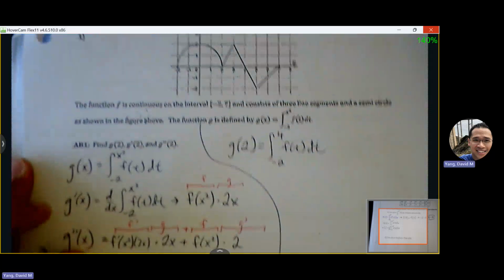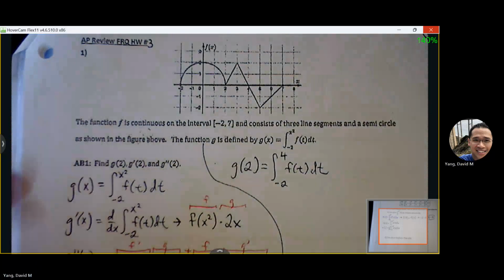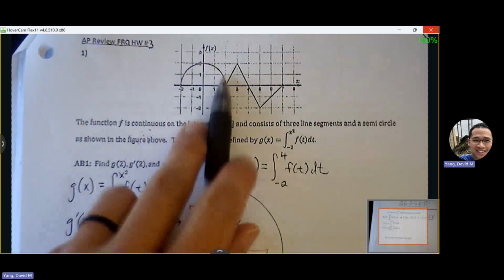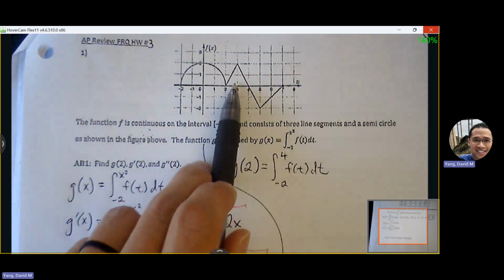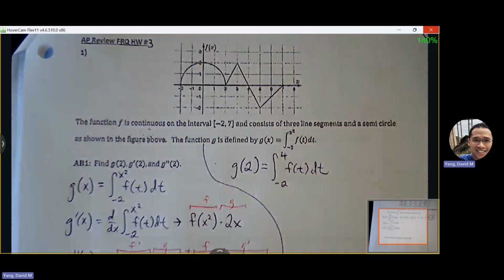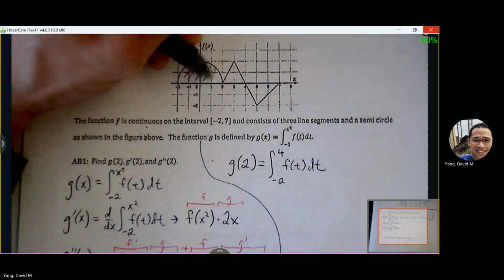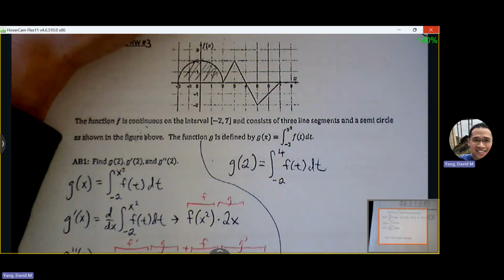So we're doing displacement here from -2 to 4. So we'll add up the area of this semicircle and triangle. That should be all we need for this one. Semicircle is 1/2 pi r squared.